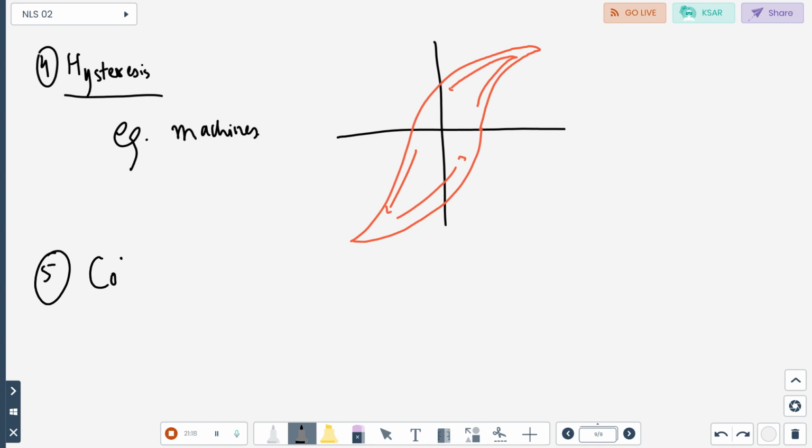The fifth type of nonlinear behavior is Coulomb friction. We have studied viscous friction in linear systems.